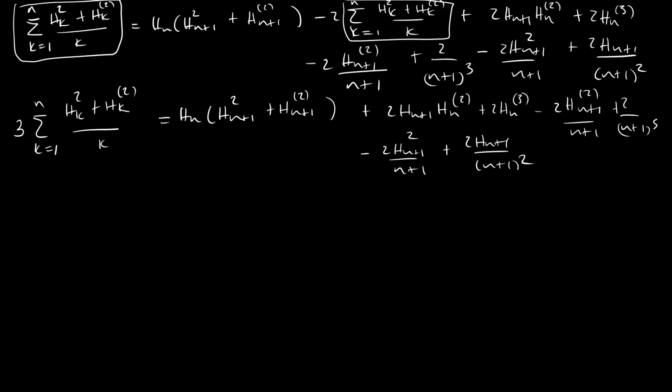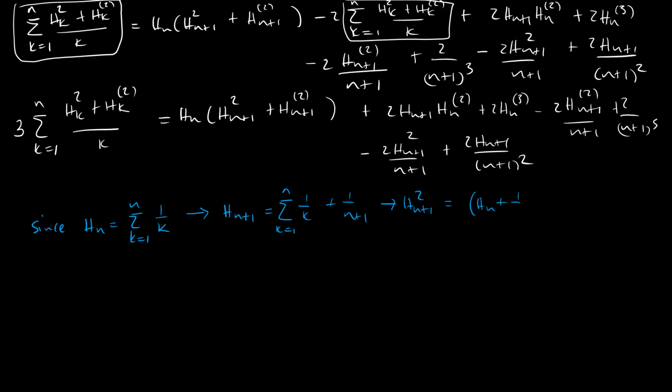One thing that's important to note is that since H_n is the same as the summation from k equals 1 to n of 1 over k, what that means for us is that H_n squared is the same as... which is equal to... Okay.